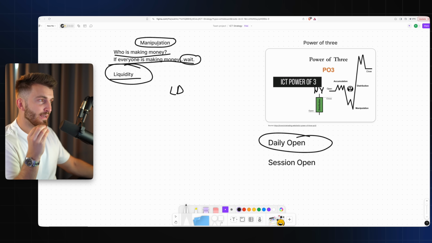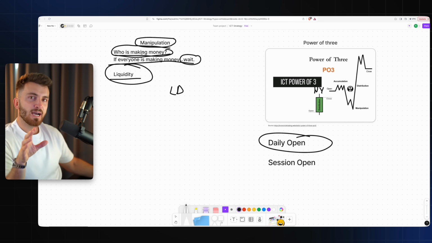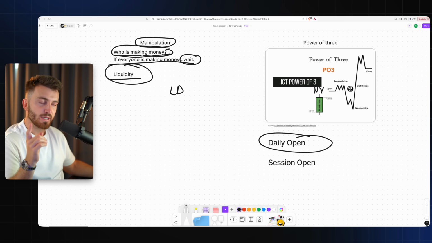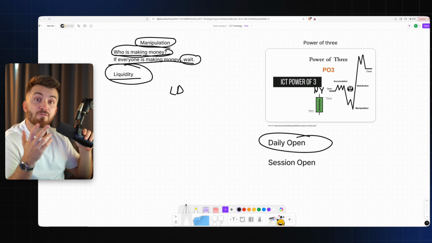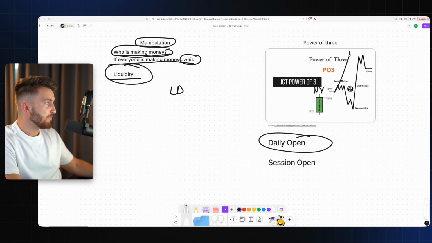And that is why I said focus on who is making money. Why? Because you don't want to be in line with everyone that is making money. The reason is because everyone loses money in the market. If New York opens and it just moves up, then everyone that opened a trade long in New York is making money.